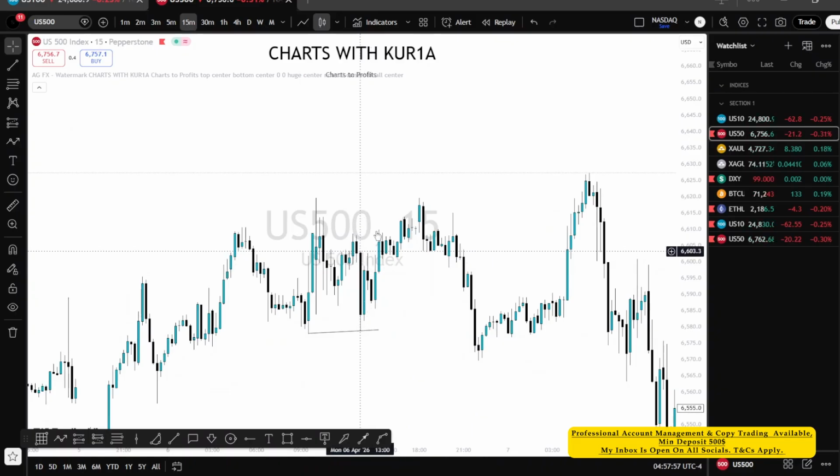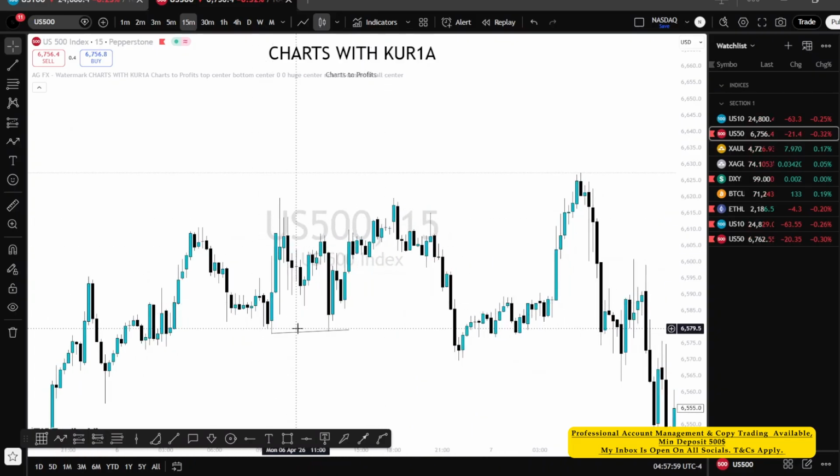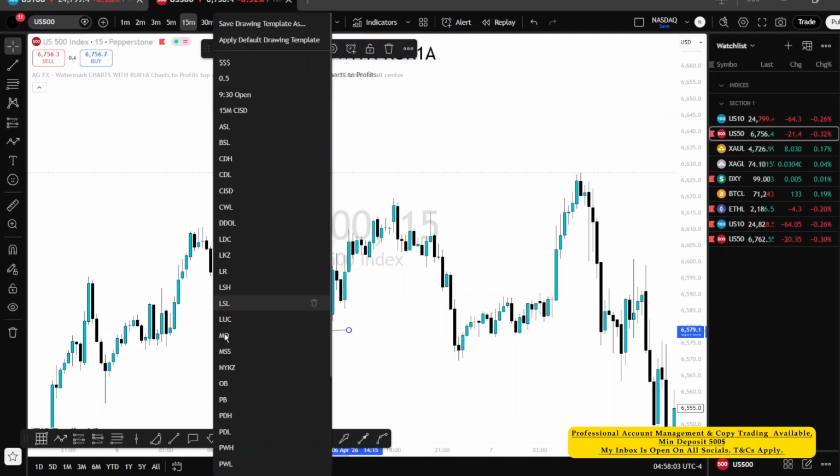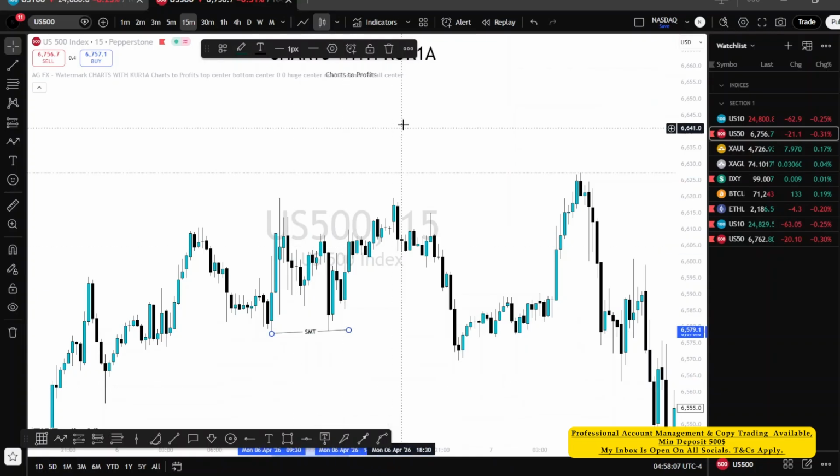Now going to how I took that entry. As usual, I took the trade on US 500 because it was the one that is stronger in terms of bullishness. The fact that it's not sweeping its lows means that it will keep forming higher lows, and that is what you want to see in a bullish market.